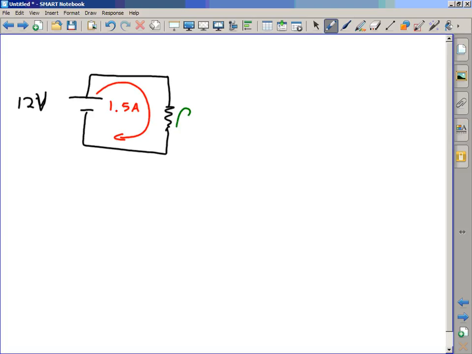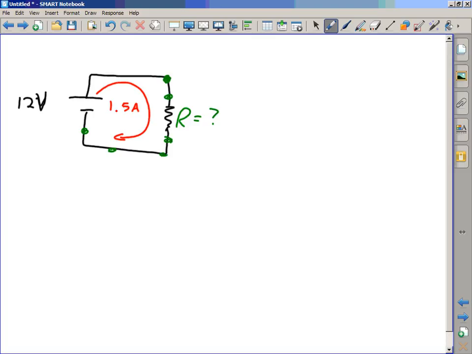What must be the resistance of this resistor here? Now, current does not get used up in the circuit. There is 1.5 amps of current flowing over here. There's 1.5 amps of current here before the resistor. There's 1.5 here, here, all the way around.